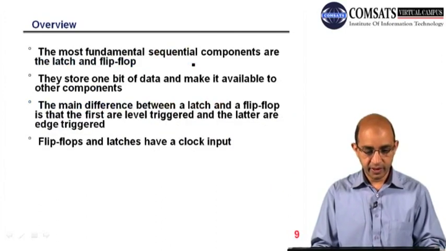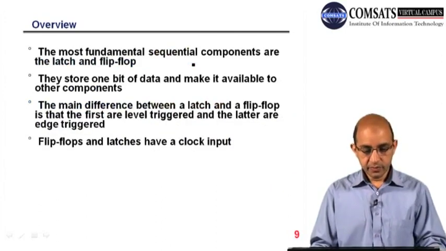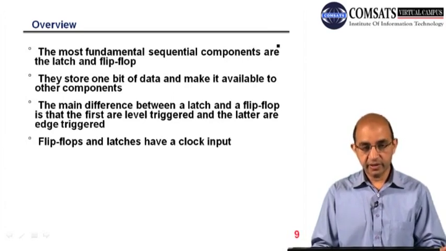Okay, so this is the difference between fundamental sequential components, that are flip-flops and latches. As we have mentioned, a latch is level sensitive while a flip-flop is edge sensitive, and both can store 1-bit data, and they need a control signal or a clock.